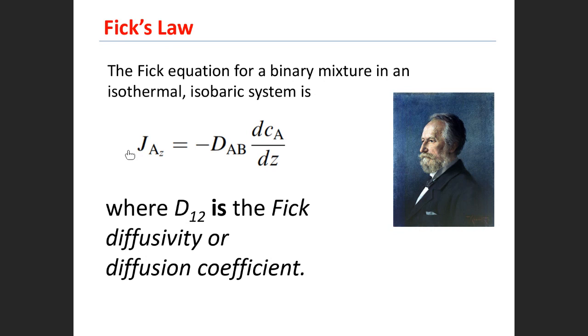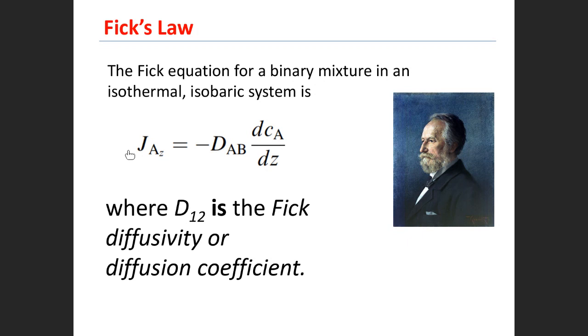The subscript for D is AB, so the binary system AB. But here it actually means something else as well. It means A into B. You see? That is, B is the solvent and A is the solute. So D of A into B, diffusivity of component A into B.